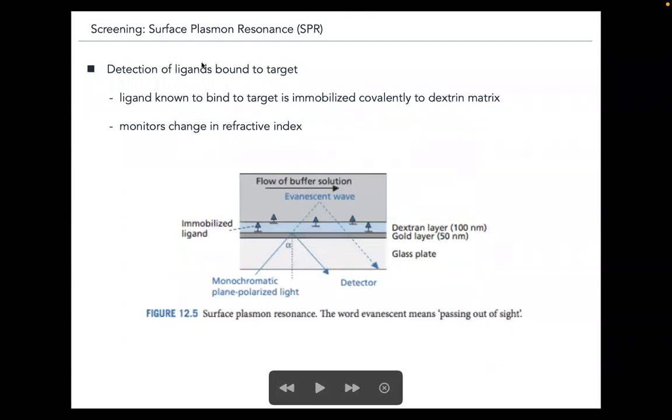So surface plasmon resonance is another key way to monitor binding. I would say it's a little less popular now with a lot of the techniques that have come about in recent years. But ultimately, what you do is you bind the ligand, or the molecule that could maybe bind several different targets, to almost like a glass plate, and then you flow targets over that.